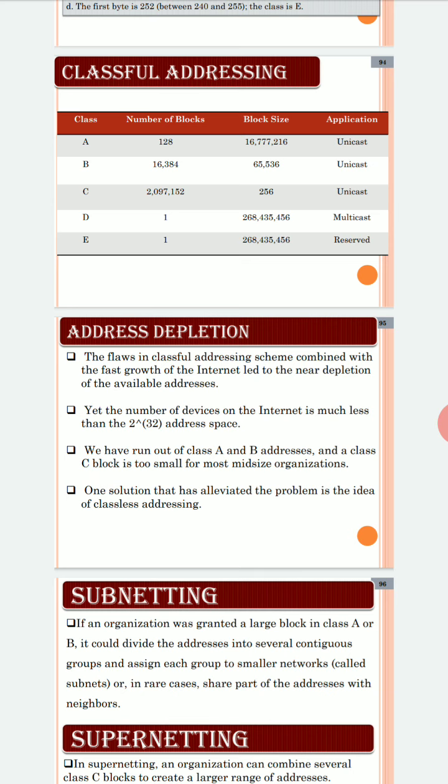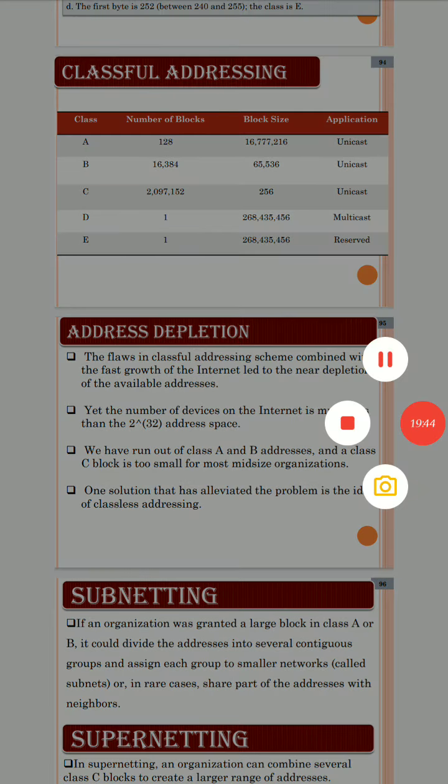But companies will not have that many terminals or computers, so most of the addresses will be wasted. Whereas with class C, the number of organizations we can address is more, but the device addresses will be less. So this is the problem associated with classful addressing.